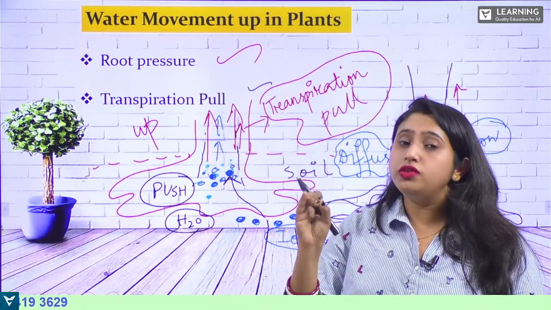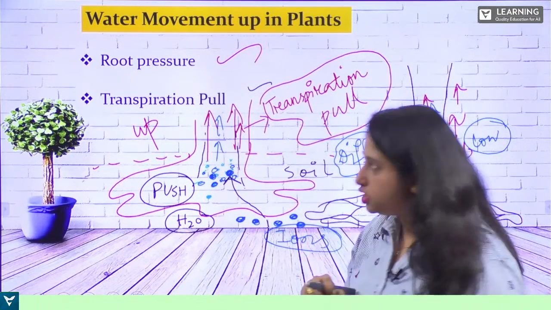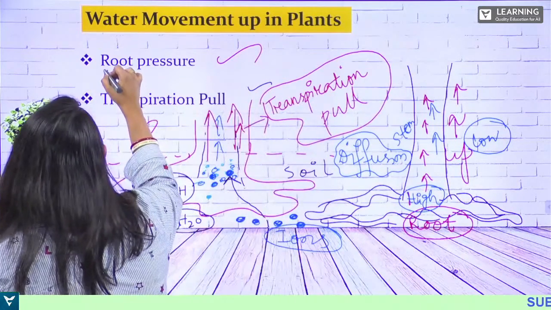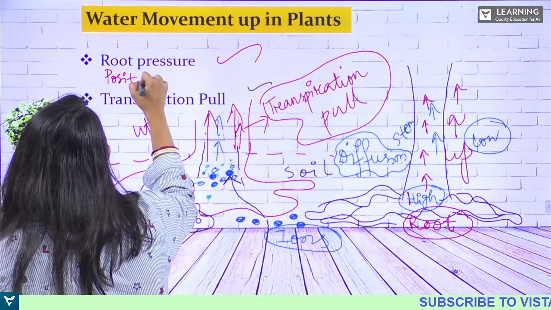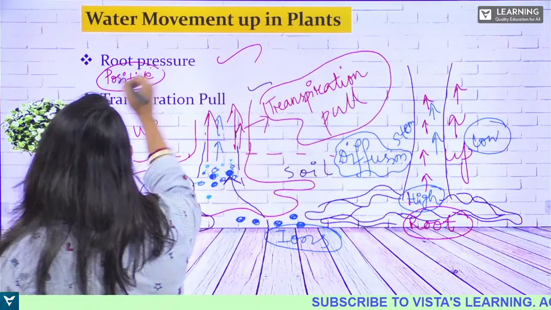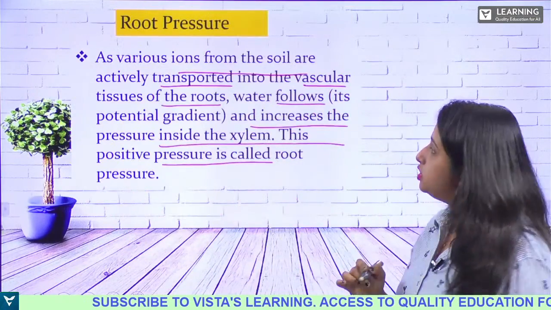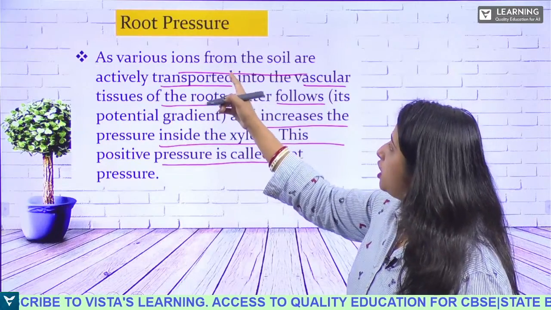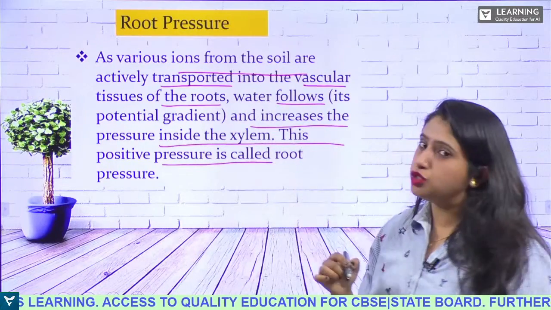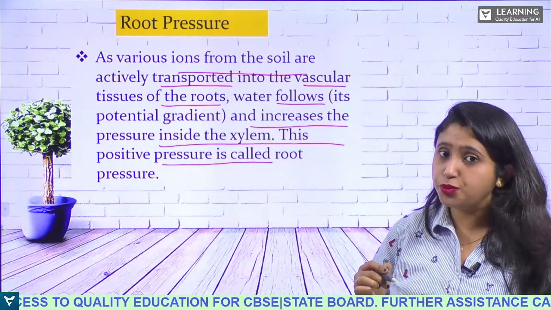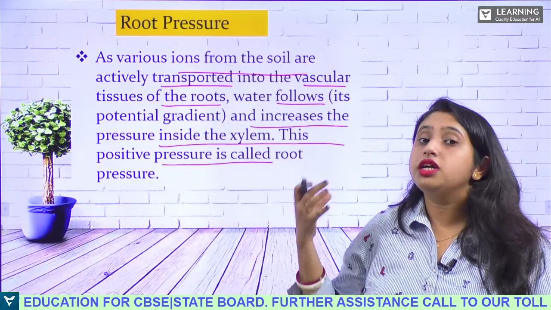Always remember that root pressure is always positive. So this is what the root pressure is. So when the ions from the soil are actively transported along with the water, it creates what?